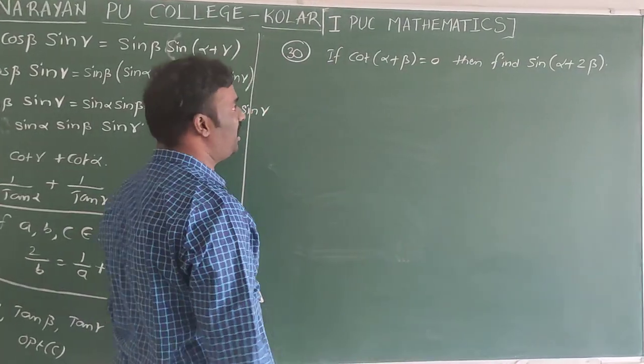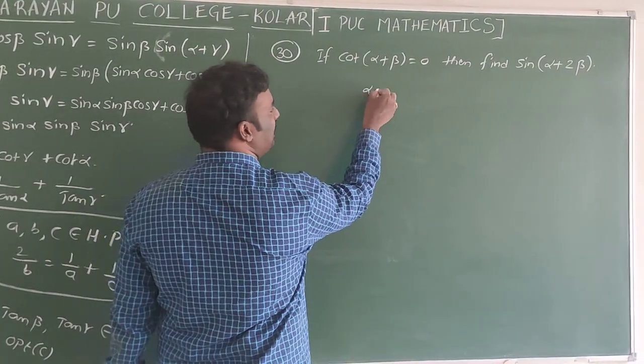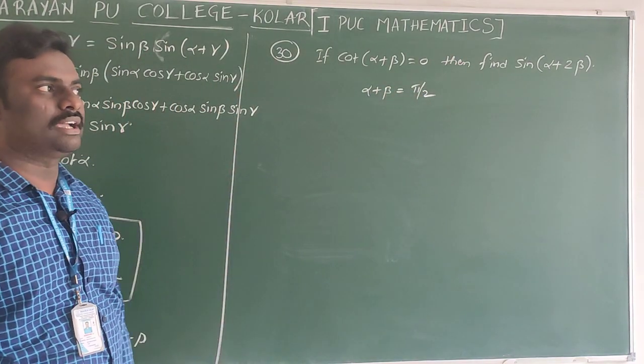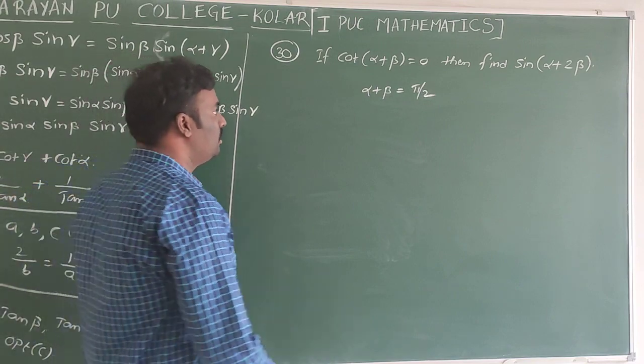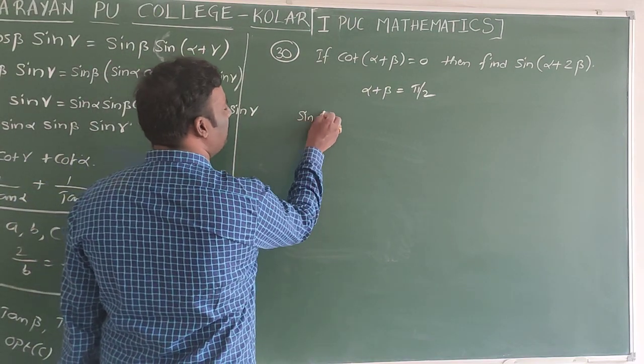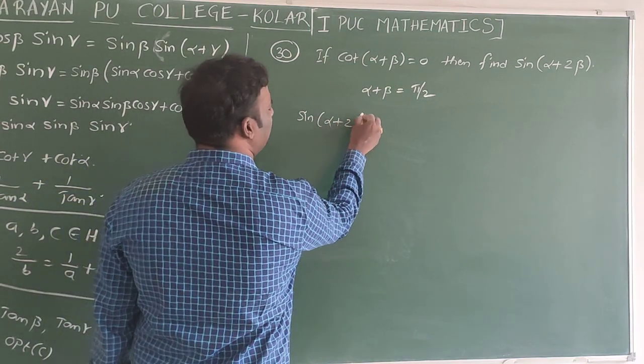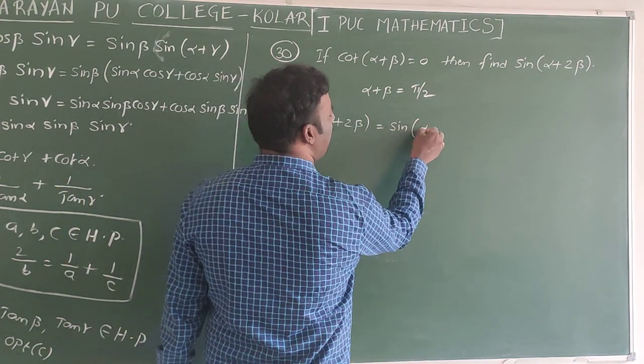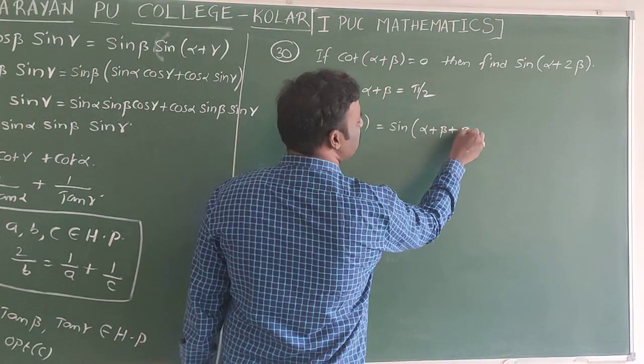See, this cot of alpha plus beta equals 0 means I can write alpha plus beta equals 90, because cot 90 value is 0. So now we require sine of alpha plus 2 beta. It can be written as sine of alpha plus beta plus beta.